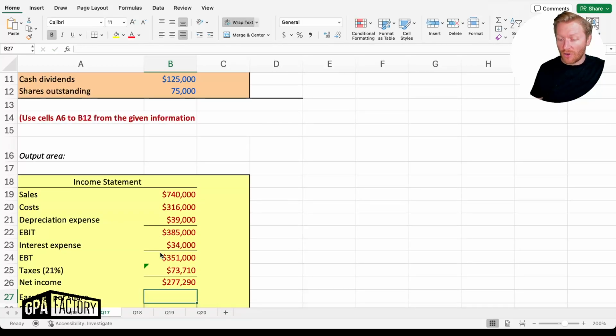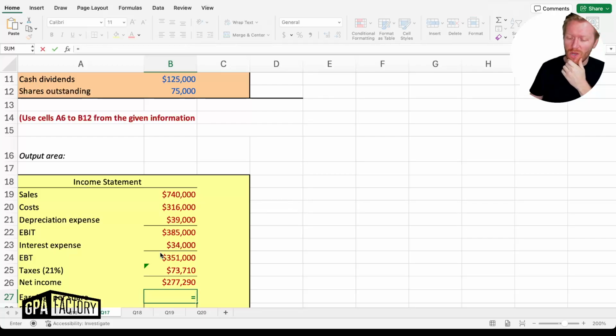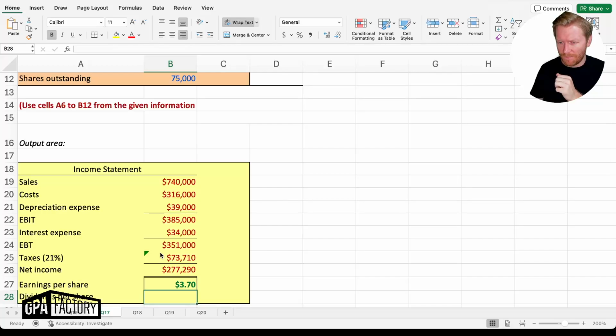And then now we've got earnings per share. Earnings per share is just net income per share. So maybe in an accounting class or something, we had to do net income divided by average shares or something. But here we're just going to be given these shares outstanding. So we just have to do equals our net income divided by those shares outstanding that are given. And then that is our earnings per share. And then dividends per share. This one's easy.